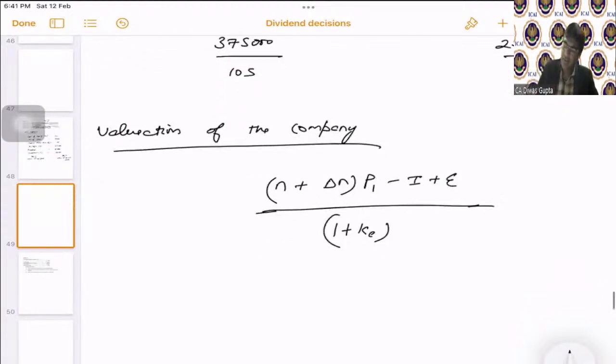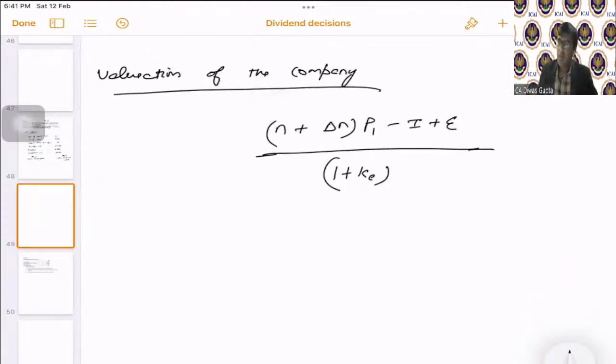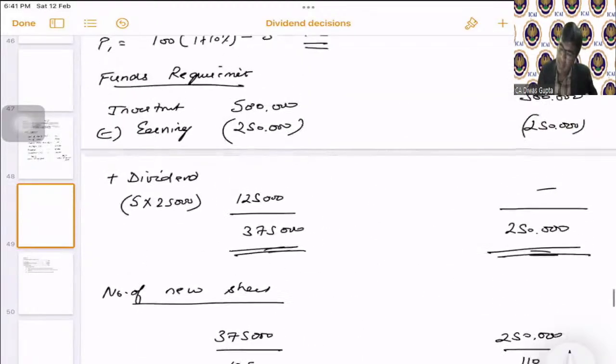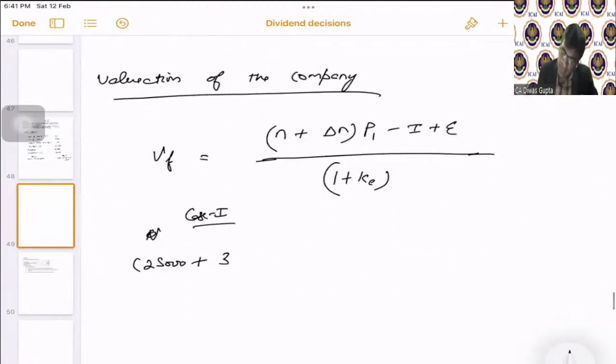Now, coming back, students. Valuation of the firm in the first case, case number 1, is how much? 25,000 plus ΔN, which is 3,75,000 divided by 105.